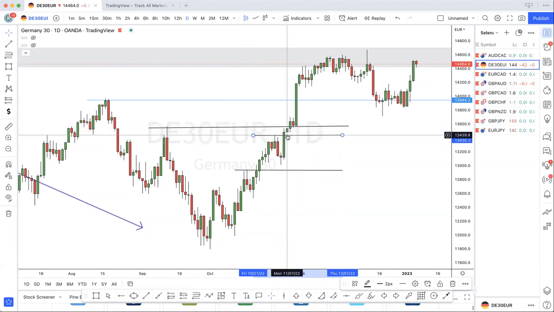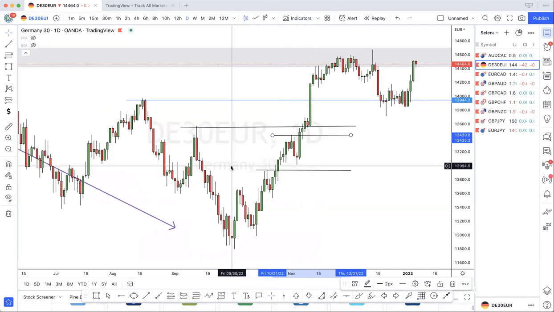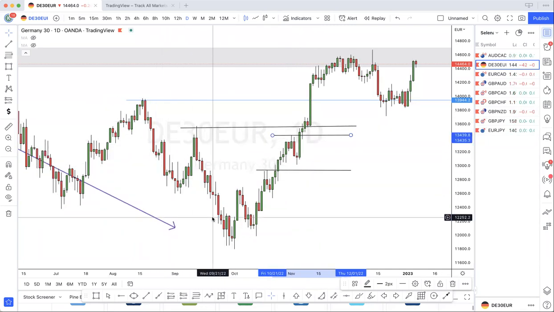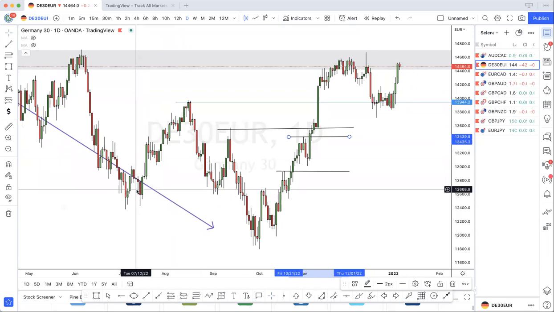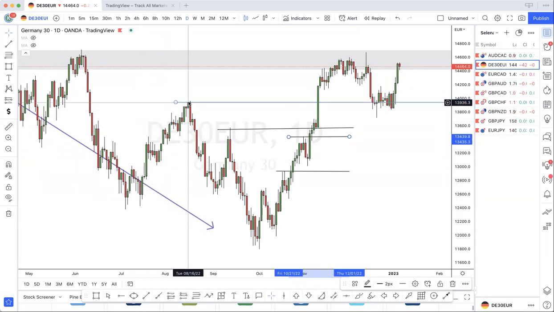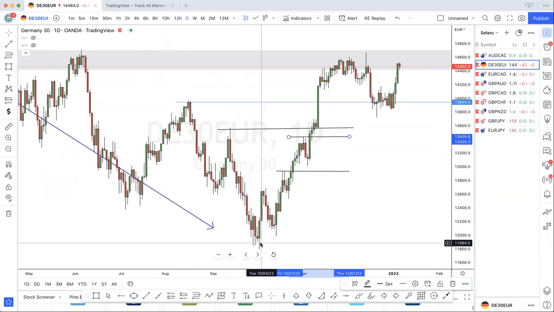Price came back, tapped into and retested that area, and gave you another day of bullish. It was just bullish from here on out. So don't get confused with these minor levels versus the major and minor highs and lows.